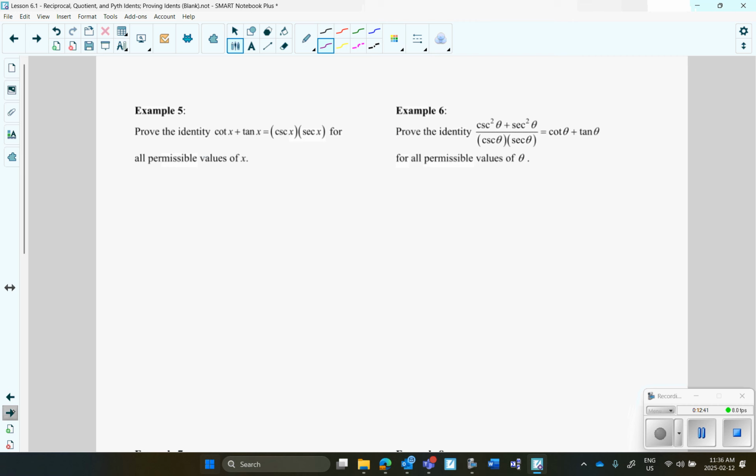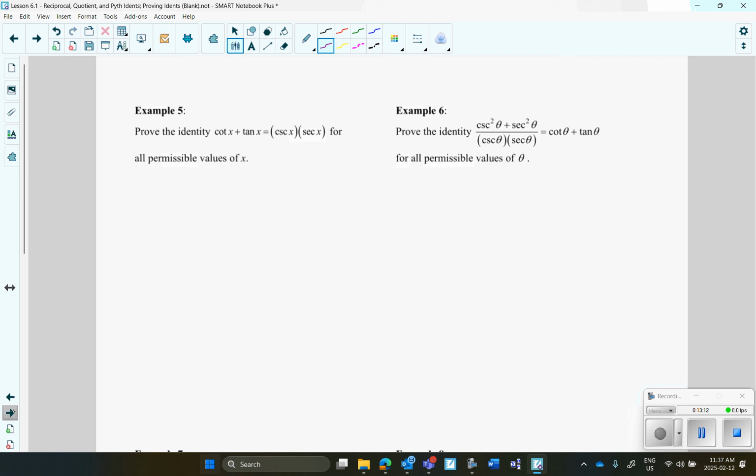But notice I want to prove cotangent x plus tangent x is the same thing as cosecant x times secant x. We're going to use our knowledge of trig and our formulas to prove that one side equals the other. We're not going to pick angles and plug them in because we'd be doing that forever. Just because it works for one angle doesn't mean it's going to work for every angle.